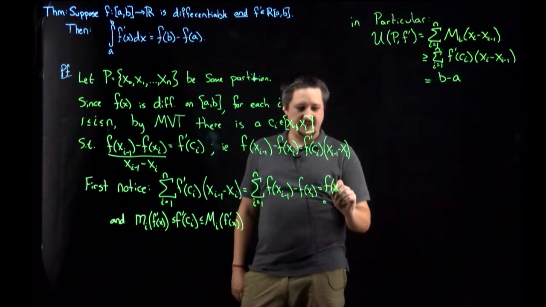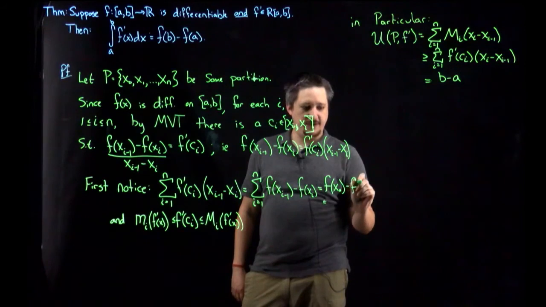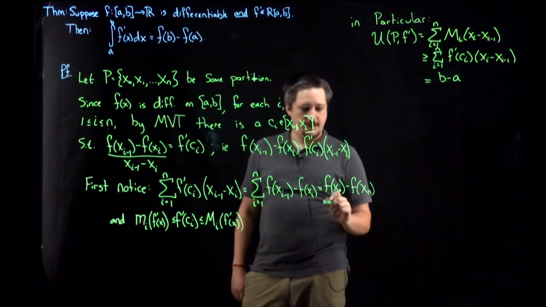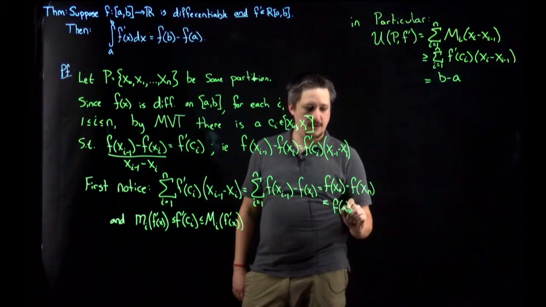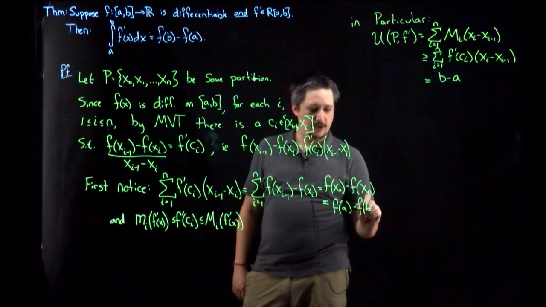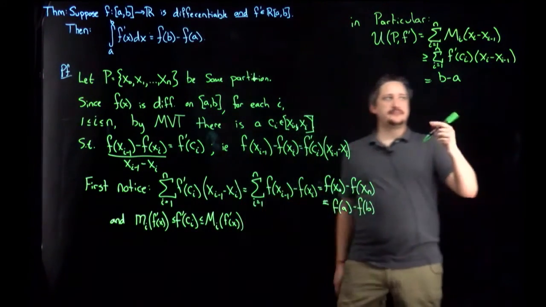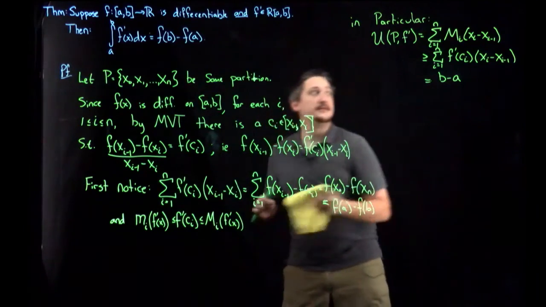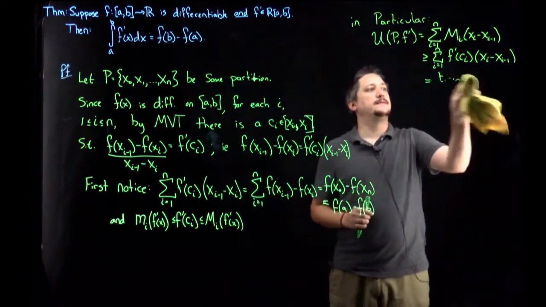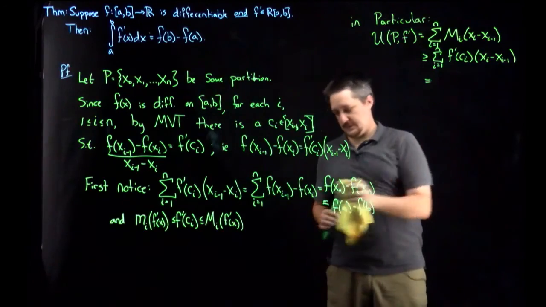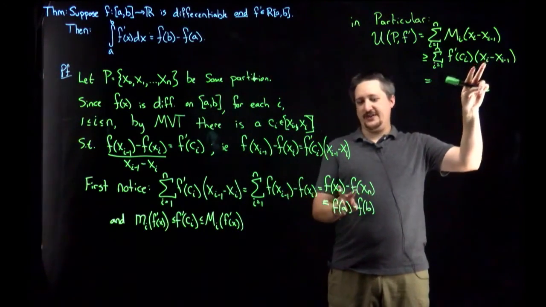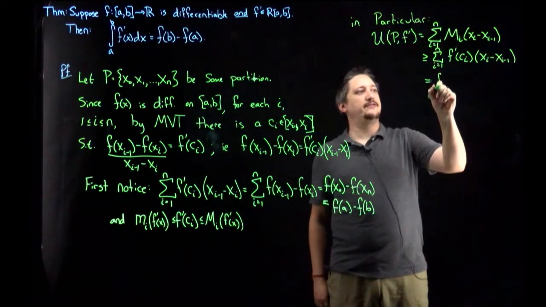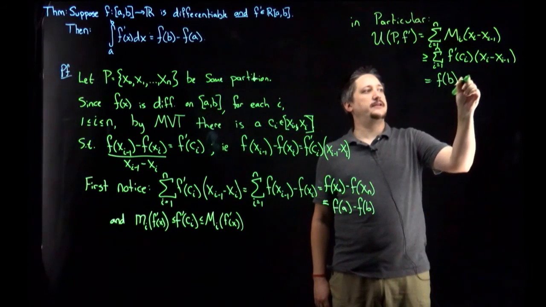F of x naught minus f of xn, which equals f of a minus f of b. So in particular, if I do this bit up here, where I've switched it to get the right order, I'm going to get f of b minus f of a.